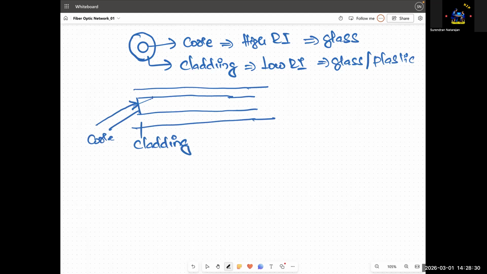Because the refractive index is different here and there, it gets reflected. Again the same phenomenon continues: whenever it reaches the edges, it reflects like this. This phenomenon is called total internal reflection.